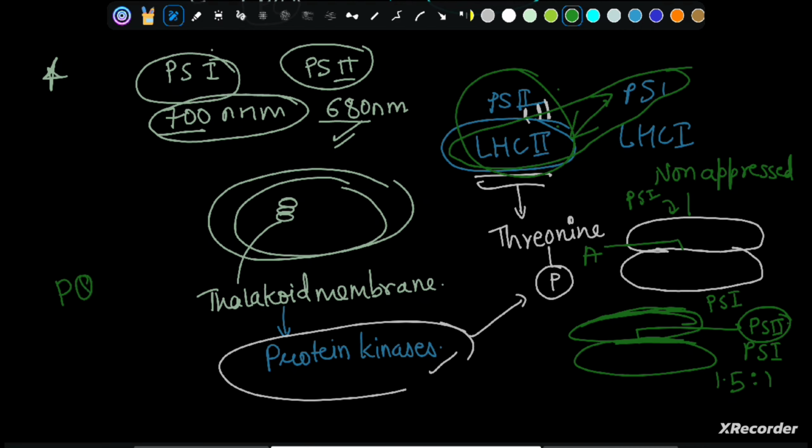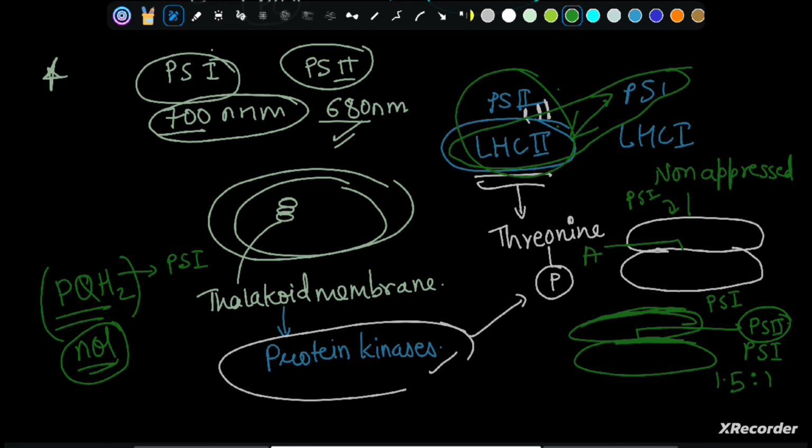When most of it gets reduced, that means the electrons are looking to move to the PS1 system, so that NADPH will be formed there later. If the system senses that there is more plastoquinol, or for simplicity you can say plastohydroquinone, there is no problem if you make mistakes between quinone and quinol.